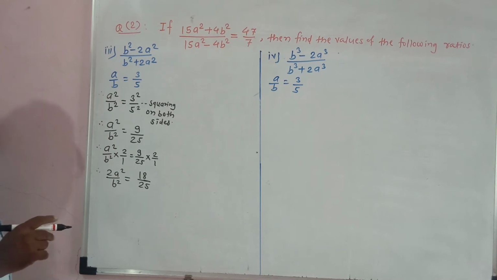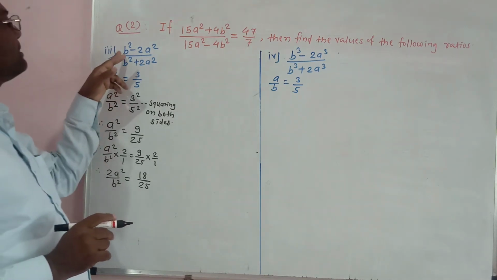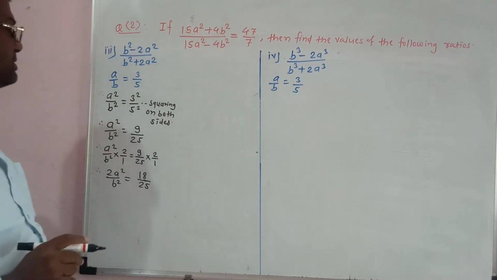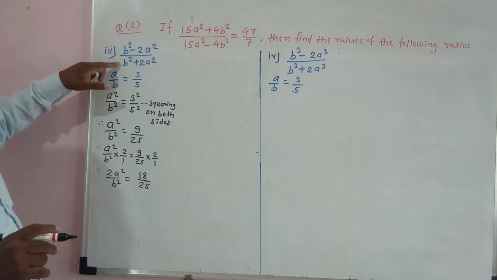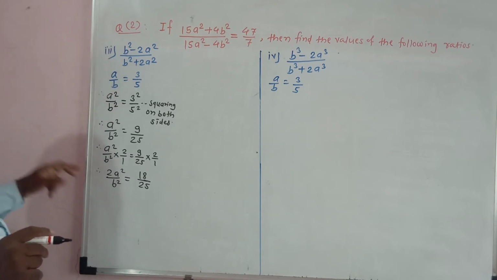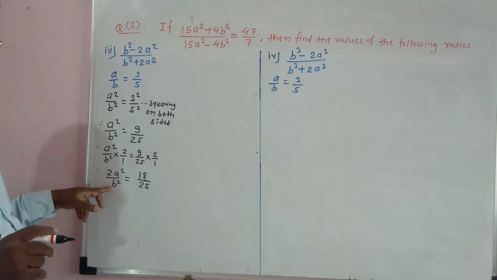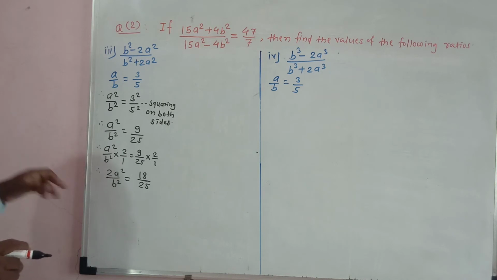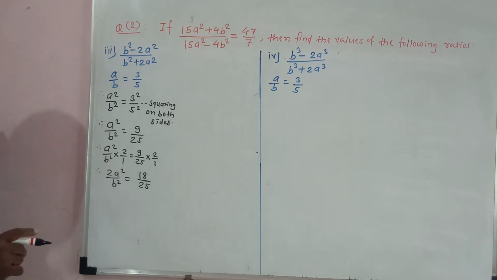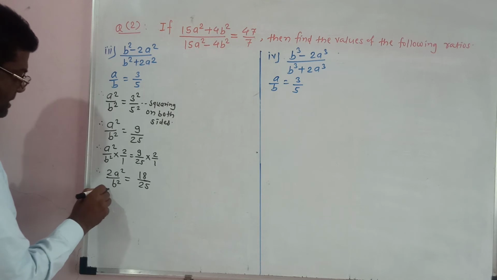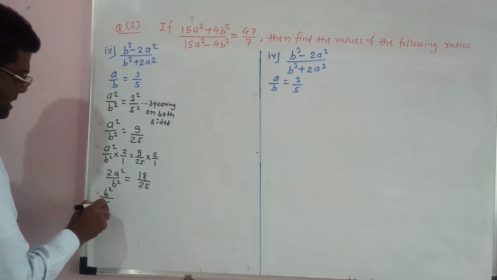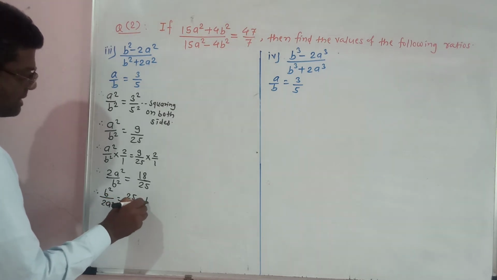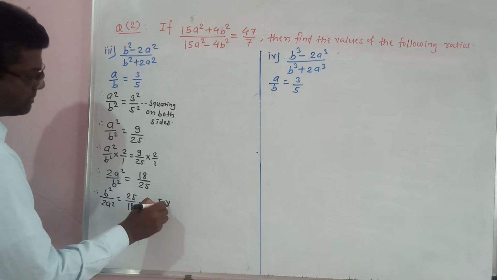Now here the terms are b square minus 2a square upon b square plus 2a square. As the term of b square comes first, b square will be in the numerator. Therefore we have to take the invertendo of this ratio. Therefore we have b square upon 2a square is equal to 25 upon 18, and this is by invertendo.